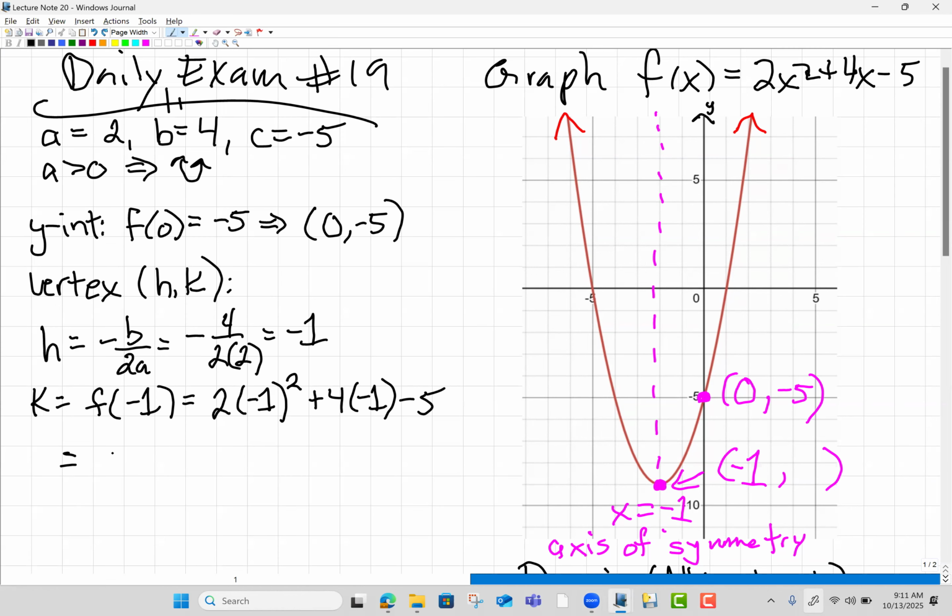So we just have a 2 here. 4 times -1, -9 plus 2, -7. So our vertex is at, I'll put it up here, -1, -7. Okay. I'll make this one hot pink too. Those are our coordinates.